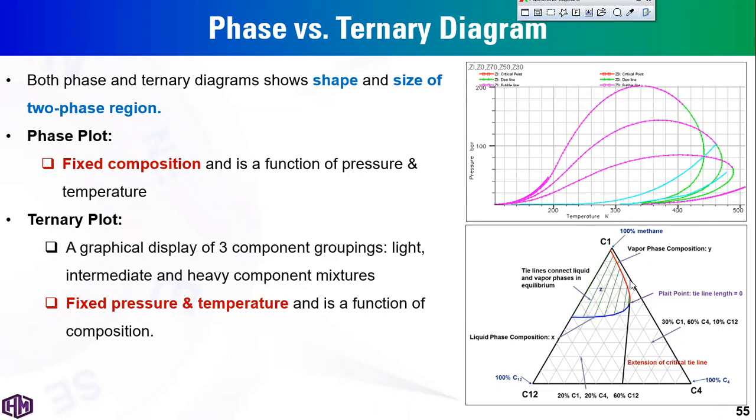So it's a graphical display of a three component system, let's say C1, C2, and other components like C4 and C12, or like light, intermediate, and heavy component mixture, like let's say for miscible flooding applications. And the entire ternary diagram will be a snapshot at constant pressure and temperature.